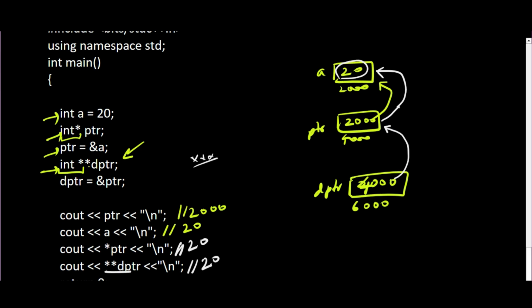So this is what normal pointers do. So can we do some more things on pointers? Let's see this example. Suppose we have an array A and it has some values 10, 20, 30, 40, 50 and 60, and the base address is 2000.